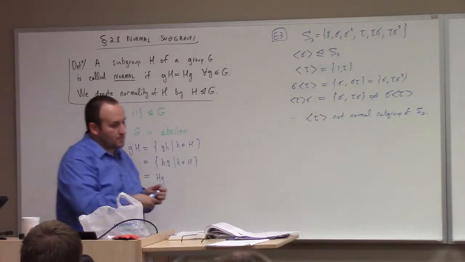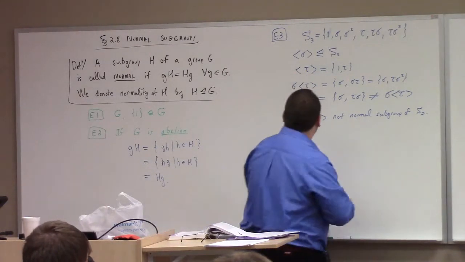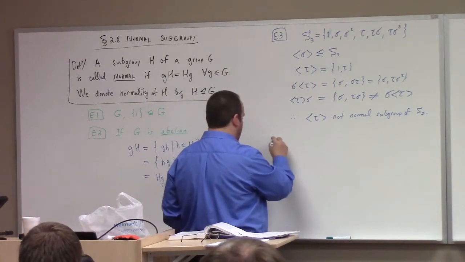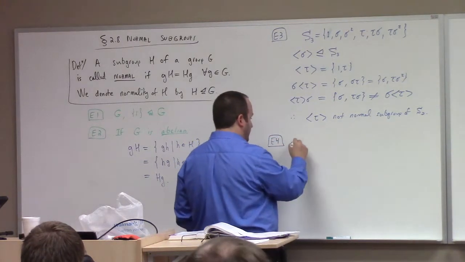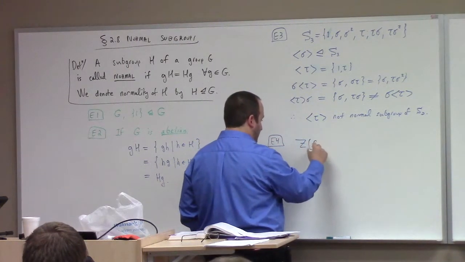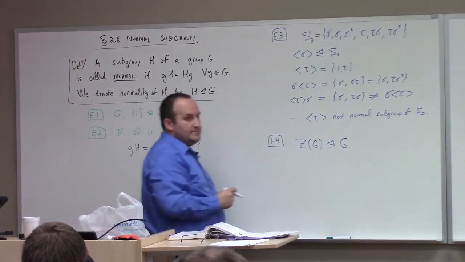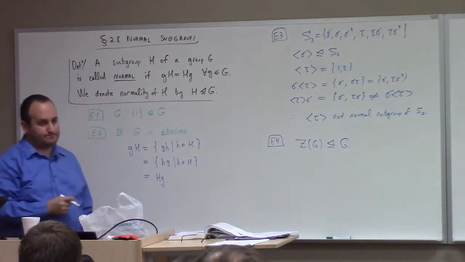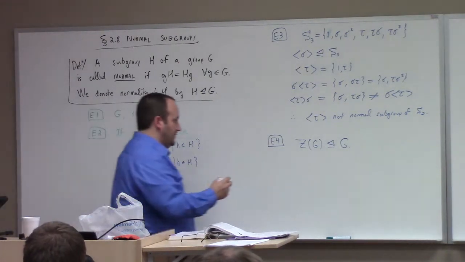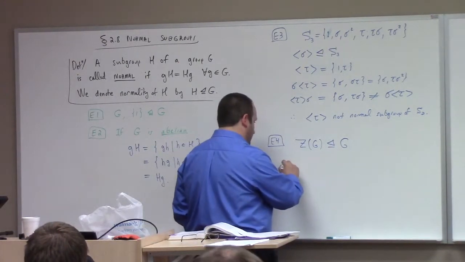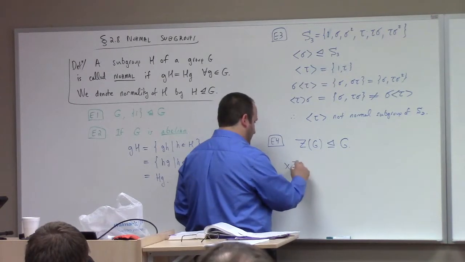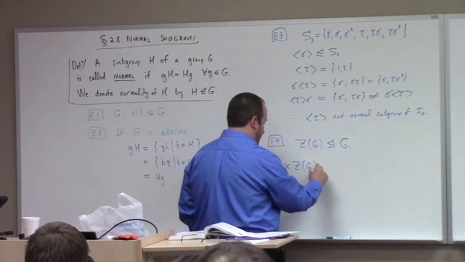All right. Example 4. You can easily prove that the center of a group is a normal subgroup of G, right? So if you look at x times the center of G, this is almost the same calculation. What is this?